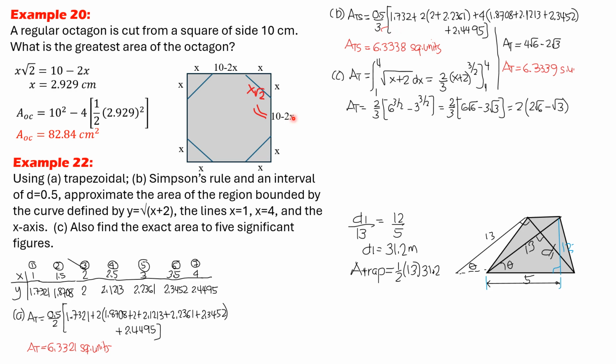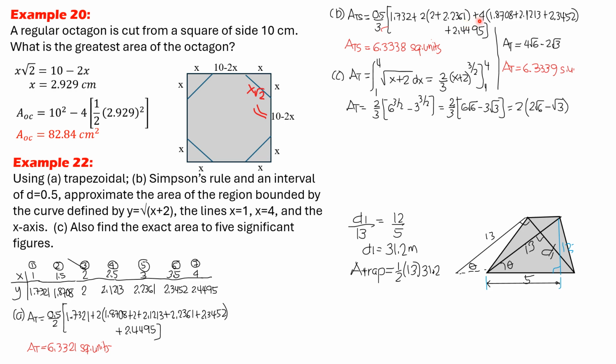Then for part B, using Simpson's one-third rule, which is d over 3 quantity H1 plus 2 times the summation of H odd plus 4 times the summation of H even plus Hn, if you can recall. Simpson's one-third rule is applicable because the number of offsets is odd, 7. So H1 is 1.7321, then 2 times the summation of H odd. The odd offsets are 2 and 2.2361, and that's the end because 7 is the last.